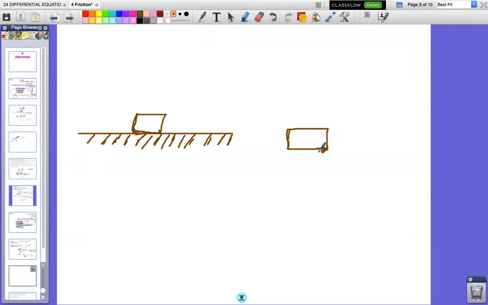Then maybe if this other object also has a kink, it's going to hold on for some time, right? So effectively, the frictional force will change a little bit when this object is passing through this kink, right?